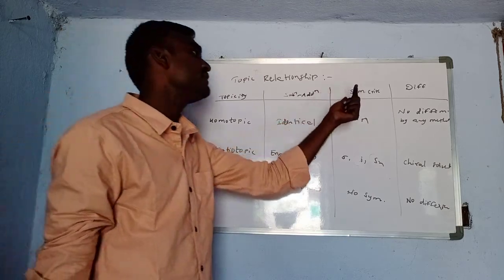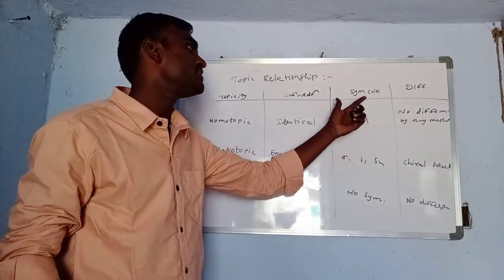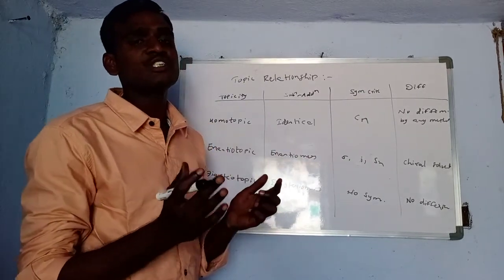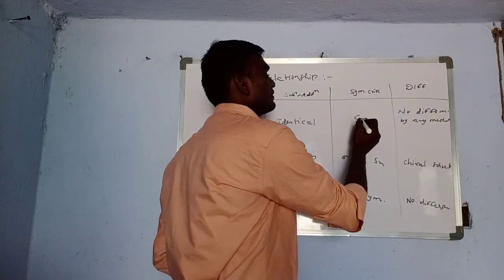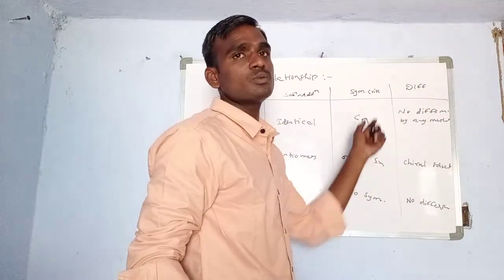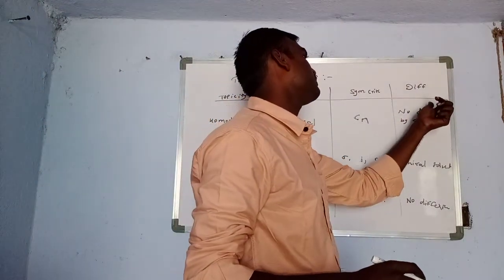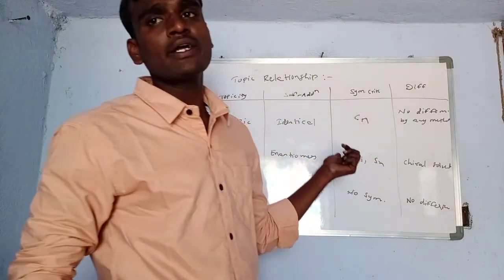What is the symmetry criteria? In homotopic ligands, the ligands can be interchanged by an axis of symmetry, that is Cn. And there is no difference by any method. The homotopic ligands are not distinguishable, so there is no method to distinguish them.